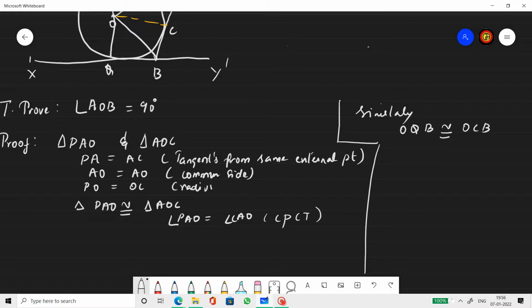So OBQ will be congruent to OBC. Hence, by CPCT again, we get this angle equals this angle, which is angle QBO equals angle OBC, which is CPCT.